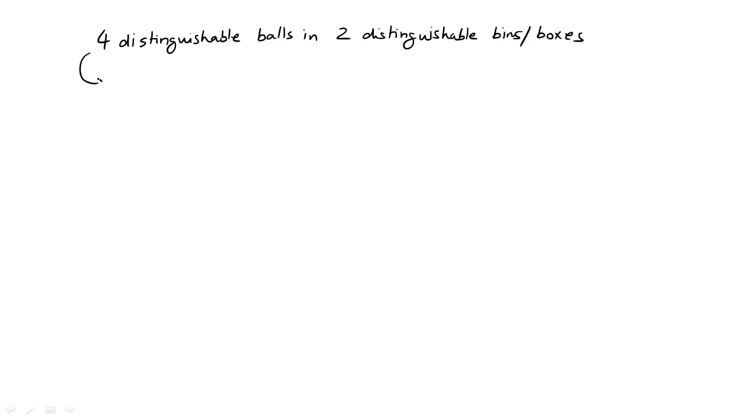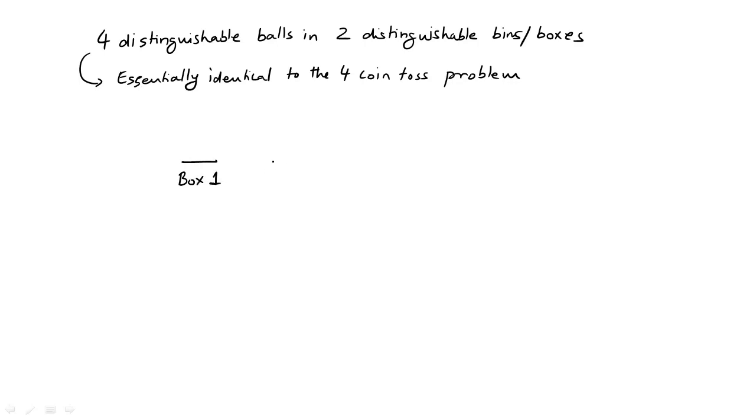This is essentially identical to the four coin toss problem. So suppose here are our two boxes, box 1 and box 2, and let's say box 1 has ball 1, ball 3 and ball 4, and box 2 has ball 2.